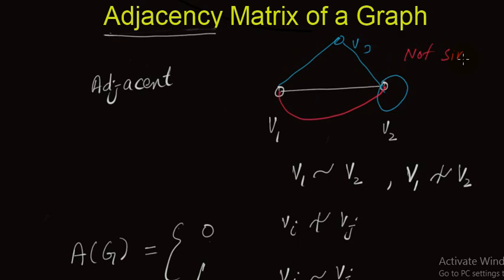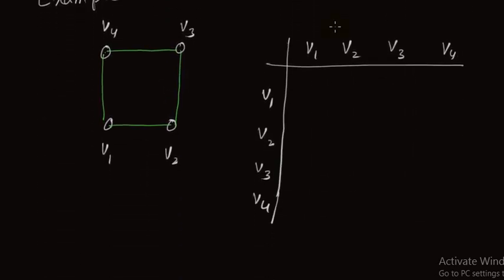So in a simple graph, there is no loop and no parallel edge. So we are discussing the adjacency matrix for a simple graph.